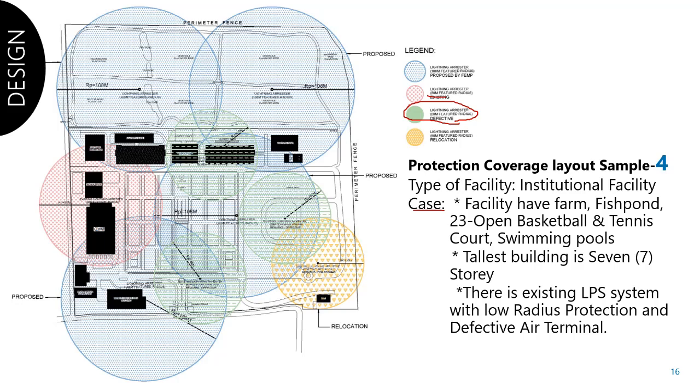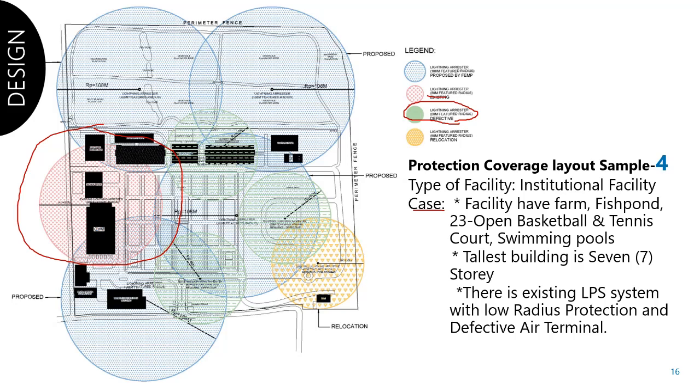Number one, the other one is the relocation one. If you notice, this is our plan for our protection, but in the progress of the work they decided to change the existing one to a 108-meter radius protection lightning arrester.